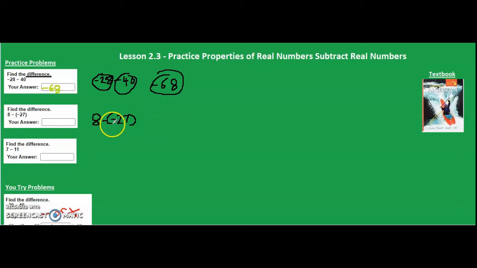Whenever there's a minus before the parentheses and there's a minus in the parentheses, minus minus, minus times minus, we're going to have a plus. So to remove the parentheses from the negative 27, we turn it into 8 plus 27.